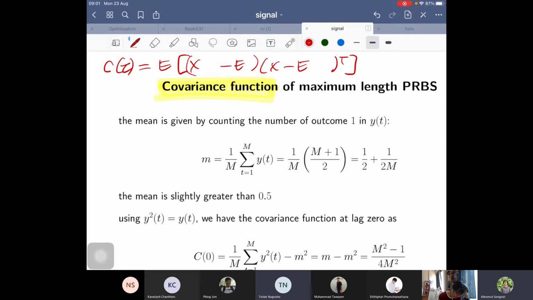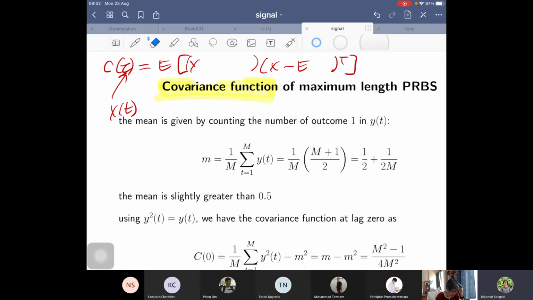Can you be very specific, because this is the covariance function at time gap tau. x is a signal, a stochastic process. What I mean is, x at what time?